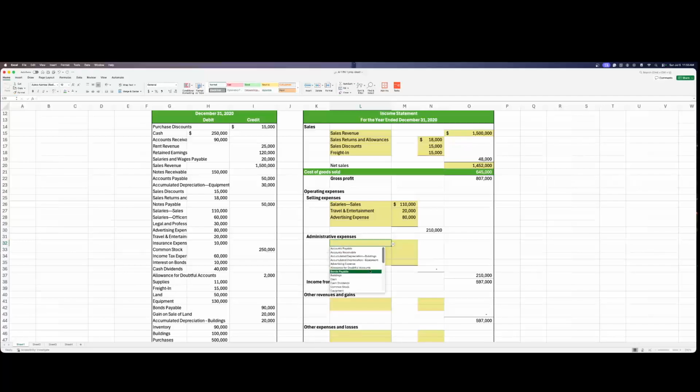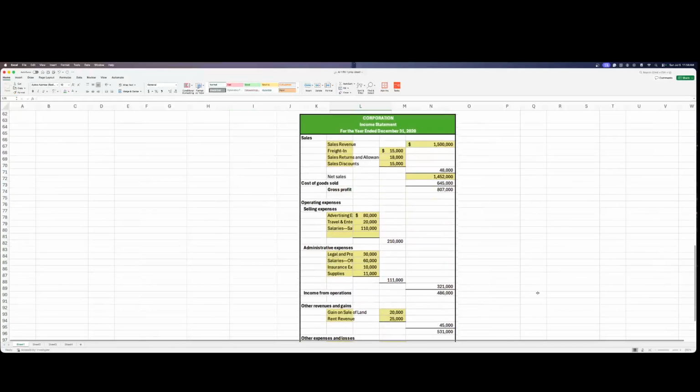Administrative: you have to pay the officers, so salaries for those officers. And you're going to have legal and professional services, very important. Supplies, like office supplies and all that. Is there anything else? Maybe insurance, would you say?